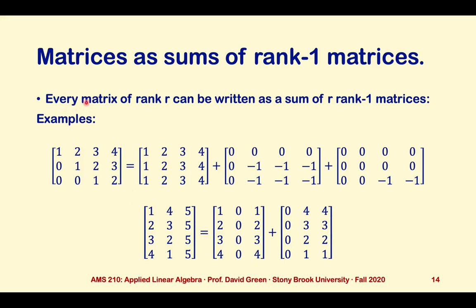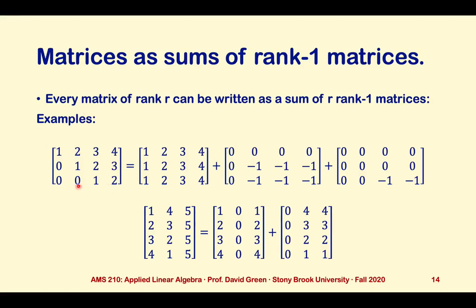It is a fact that every matrix of rank R can be written as a sum of R rank 1 matrices. Just some examples shown here. This is a 3 by 4 matrix of full row rank, so it has a rank of 3.